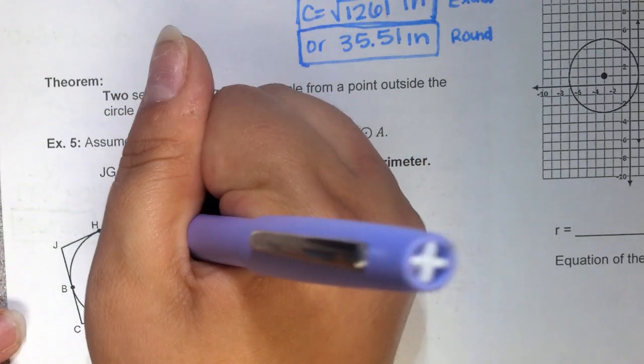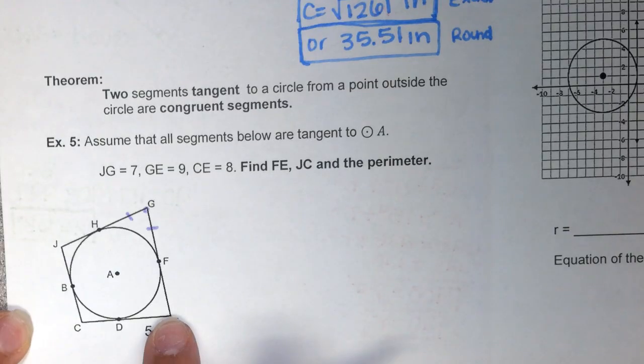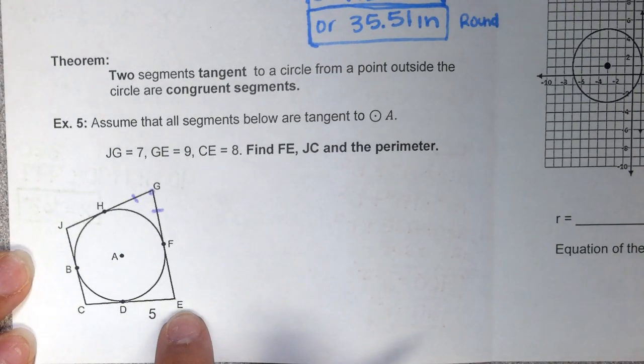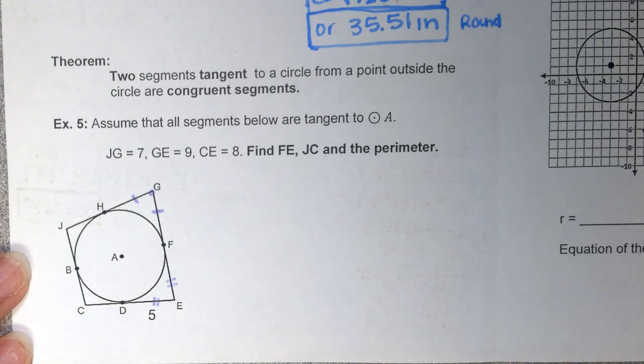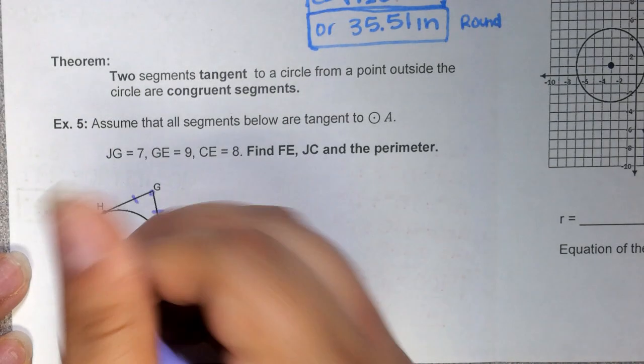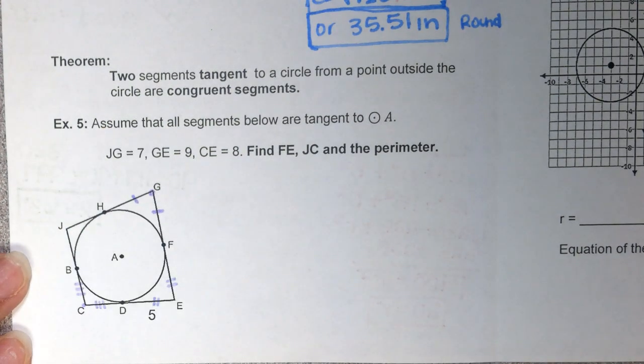So this is congruent to that. Do you agree these intersect at E? So this one is congruent to this one. These intersect at C. This is congruent to this.